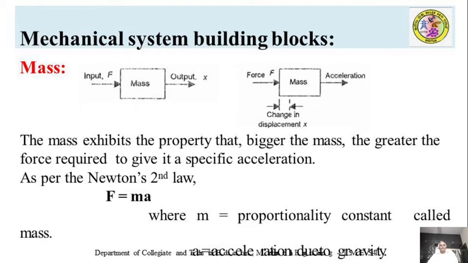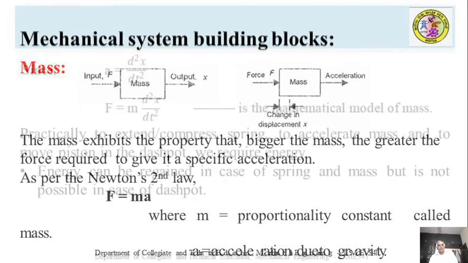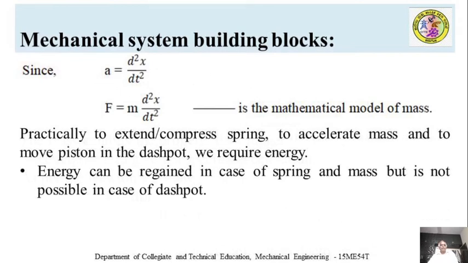As per Newton's second law of motion, force is directly proportional to the rate of change of momentum. Force is equal to the rate of change of momentum, so that can be written as F equals ma, where m is the proportionality constant, called mass.